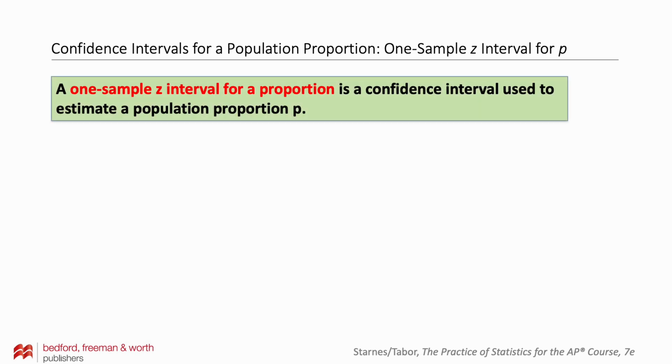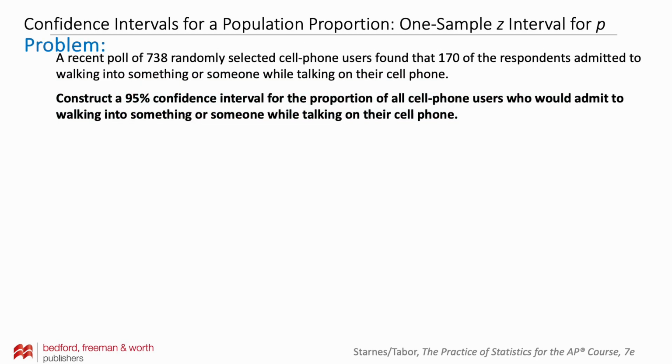The inference method we will use to estimate a population proportion p is called a one sample Z interval for a proportion. It is extremely important that you identify the inference method you are using. Let us use the four-step process to communicate all important information needed when asked to construct a confidence interval.